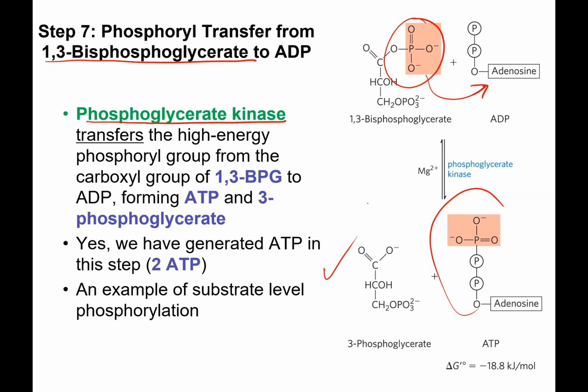So this is in fact substrate level phosphorylation, and all that means is our substrate molecule, 1,3-bisphosphoglycerate, is donating its phosphate group to ADP. Again, this happens in stereo, so we're going to get 2 ATP. Notice the large negative free energy here. So this is a pretty exergonic, not reversible reaction.